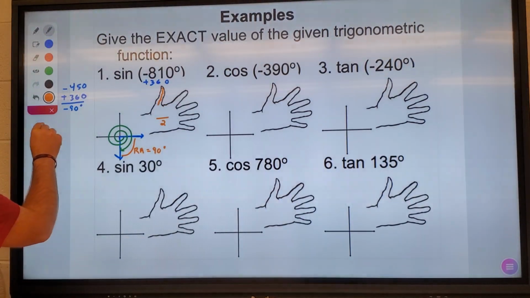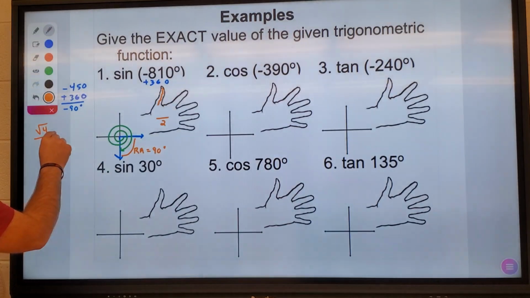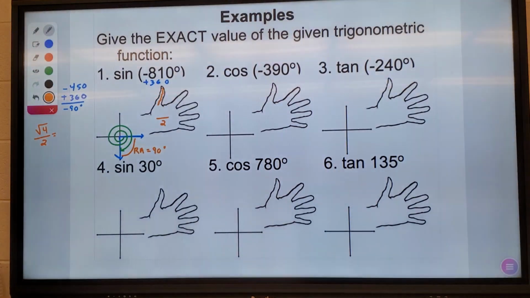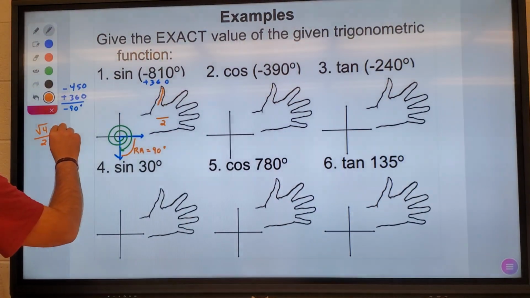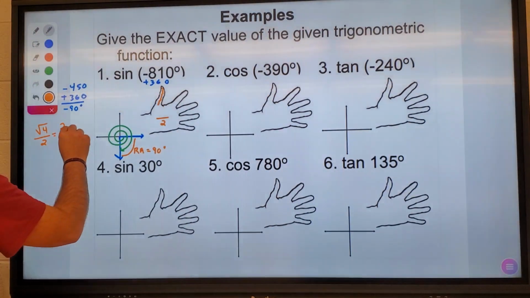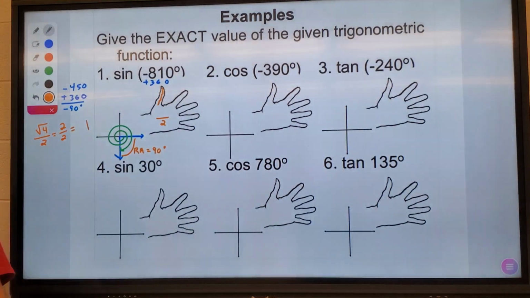So square root of 4 divided by 2, which I can simplify. The square root of 4 is 2. So I have 2 divided by 2, which is 1.